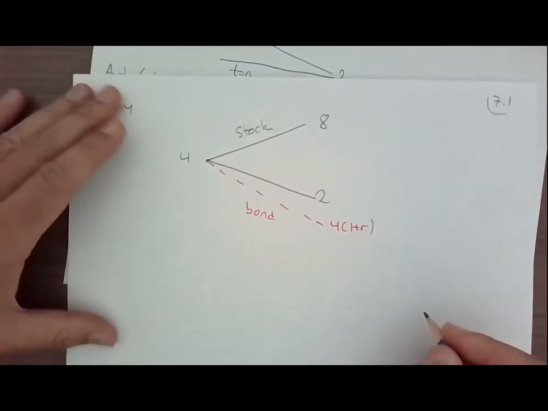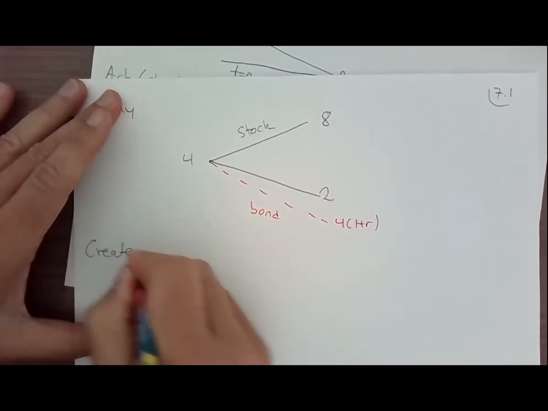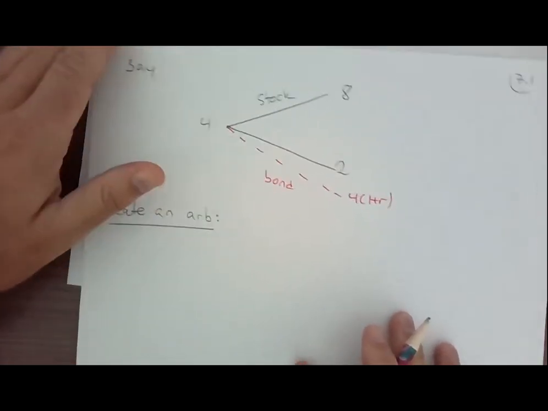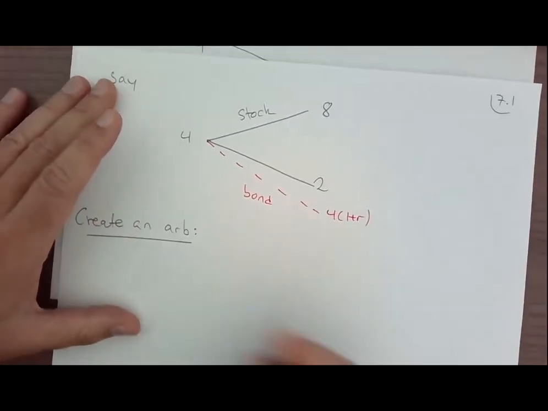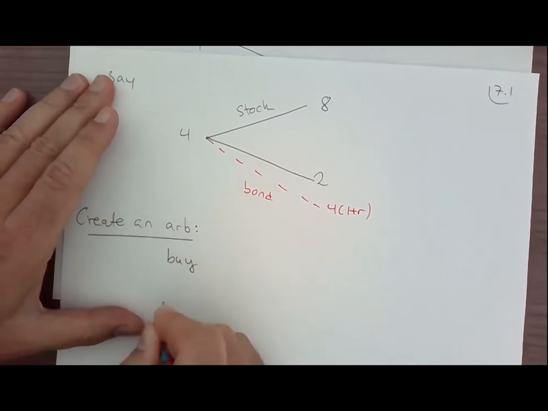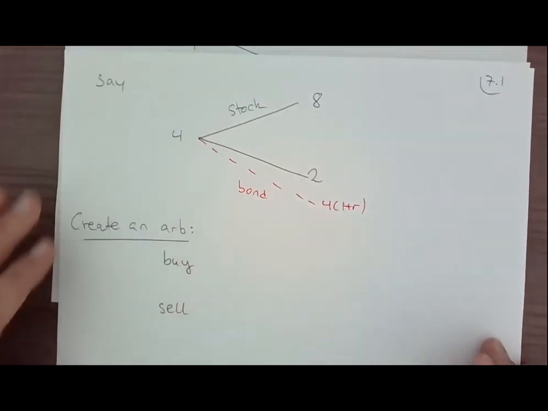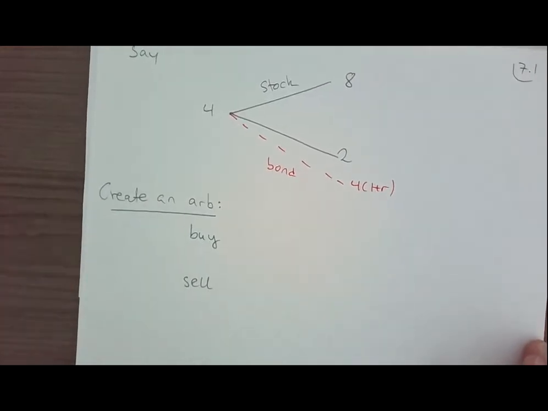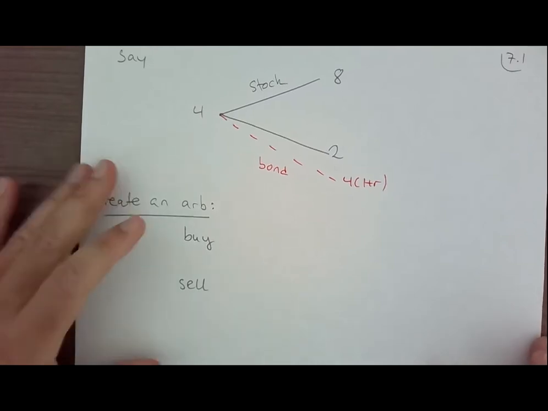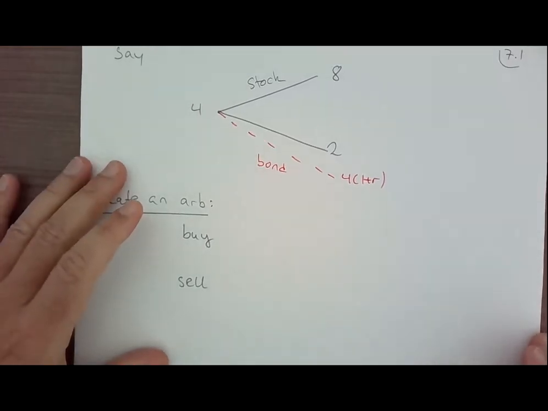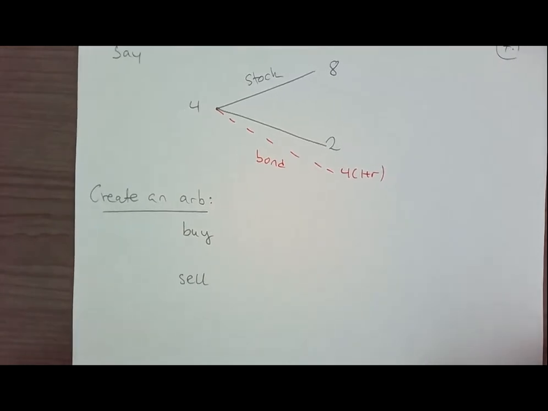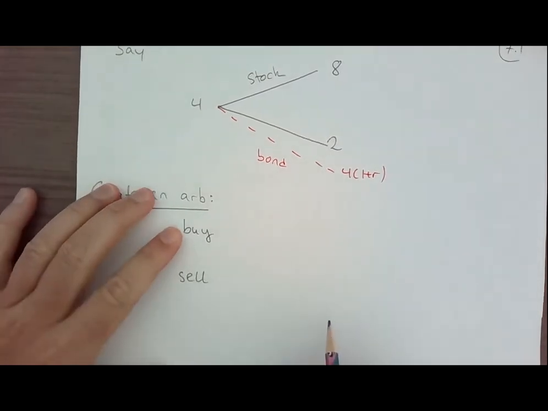So can you create an arb? You're going to be buying one and you're going to be selling the other one. What do you want to buy? What do you want to sell? Buy. Yeah, what do you want to buy?